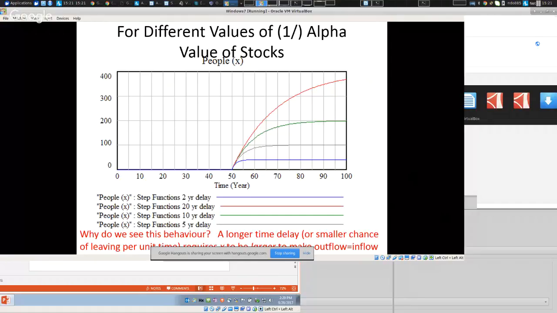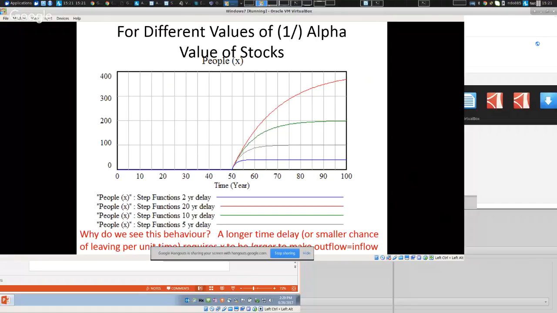So if I have a large value of tau, does the stock build up to a larger value or a smaller value? Suppose I have a value of tau of 20 years, or I have a value of tau of 2 years.